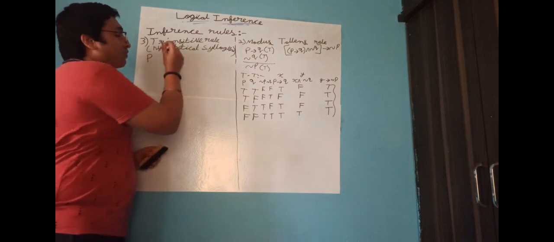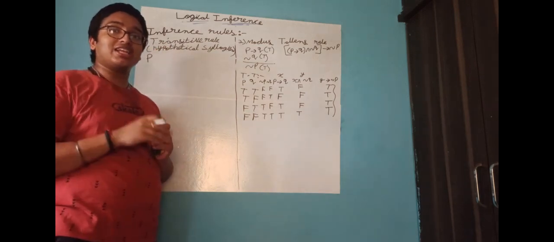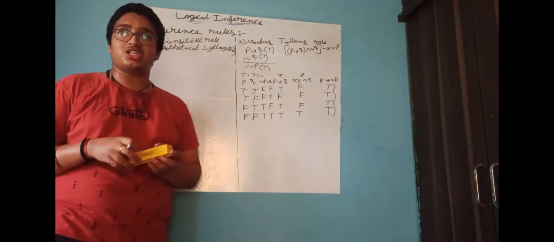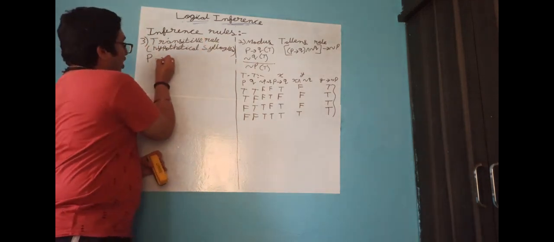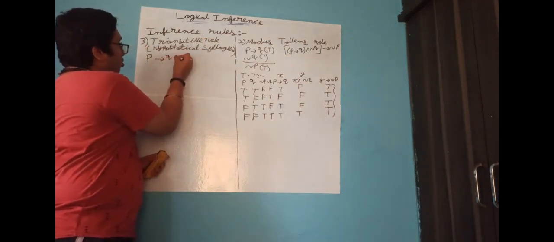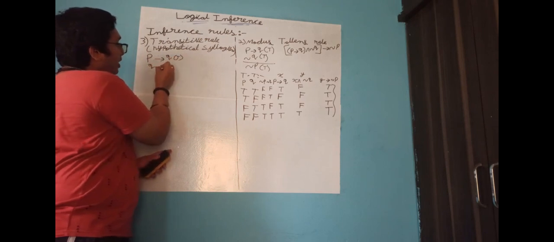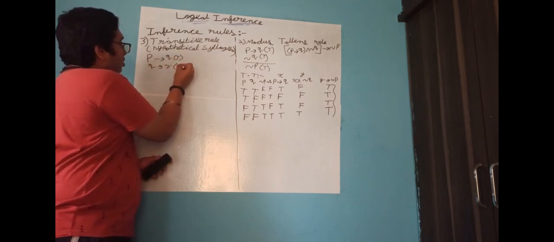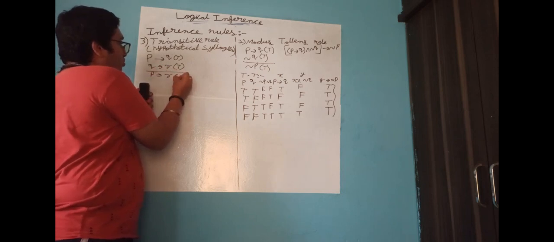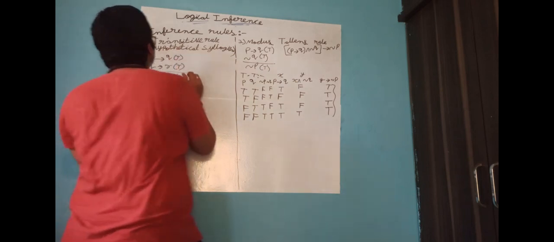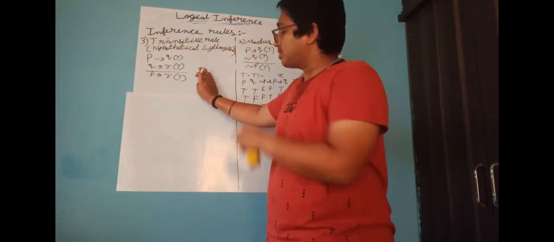If you are aware of sets and relations, I hope you know transitive relations. In a similar way here, the transitive rule: if P implication Q is true and Q implication R is true, then obviously P implication R must be true. This is what the transitive rule states.